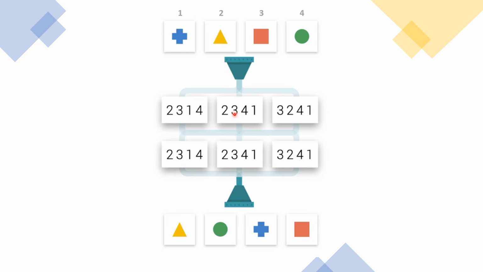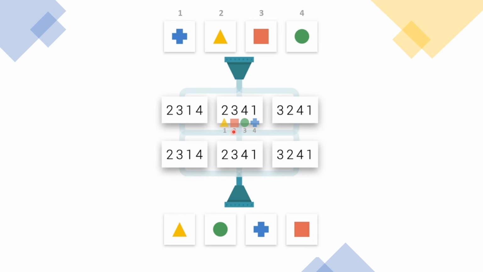So 2, 3, 4, 1, and as you can see, 2 is the triangle, 3 is the square, 4 is the circle, and then 1 is the cross. So this will be our new set of shapes, and then we need to solve each of these operators using this set of shapes. So again, we imagine them numbered 1, 2, 3, 4, and then we start over here.